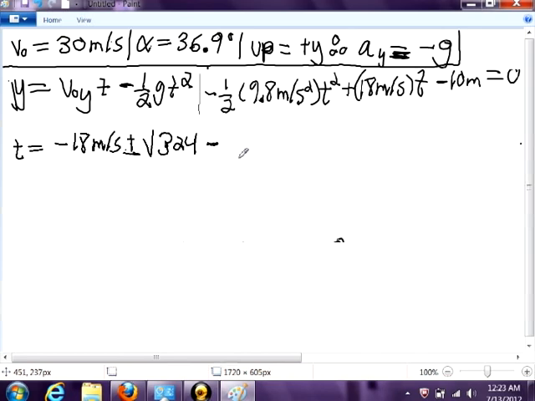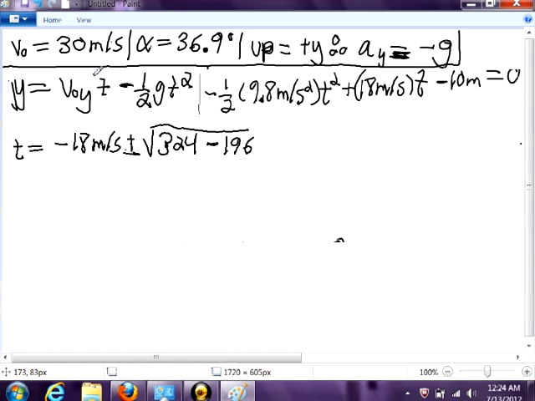Okay, so now that we know that, we can multiply. 4 times 1/2 is 2. So 2 times 9.8 is 19.6. And 19.6 times 10 is 196. Anyway, it's terrible handwriting, sorry.